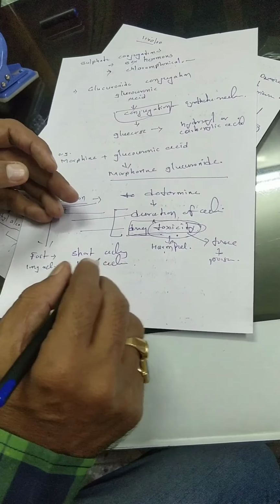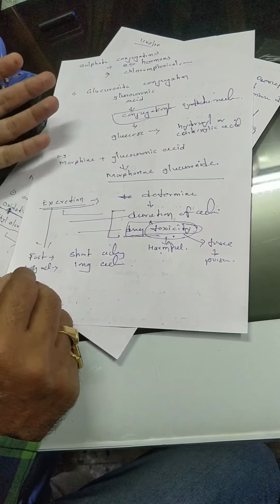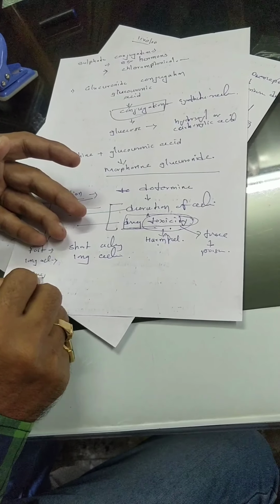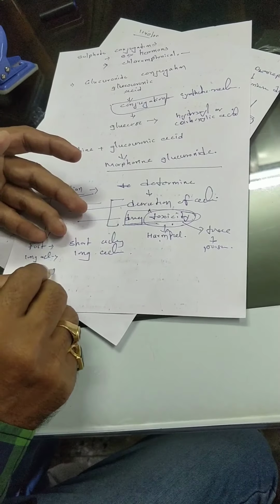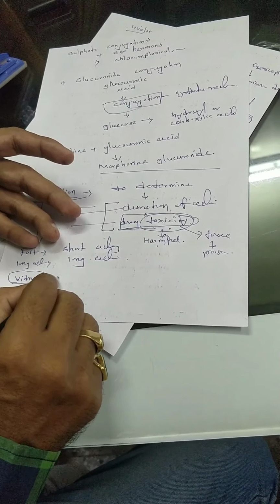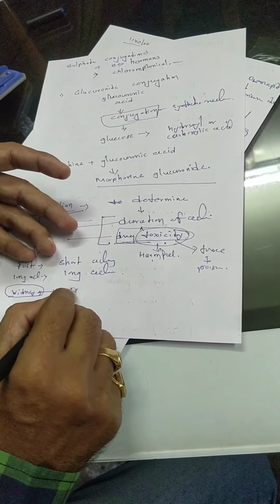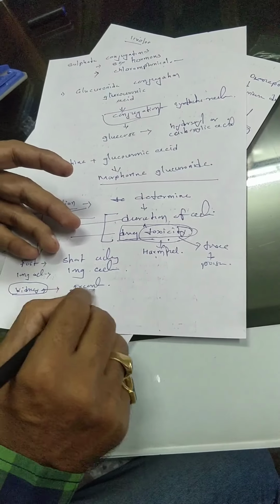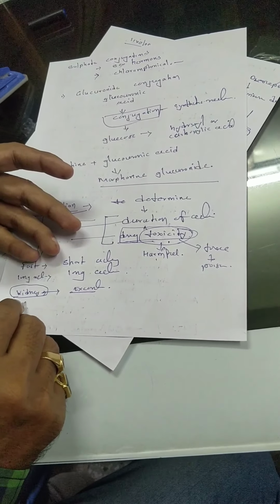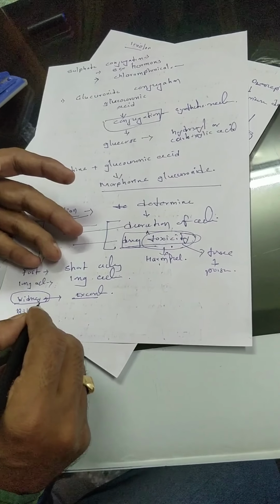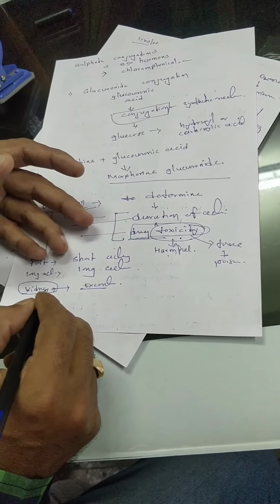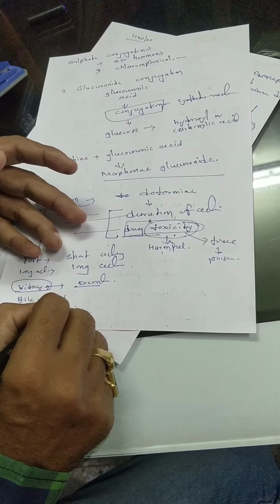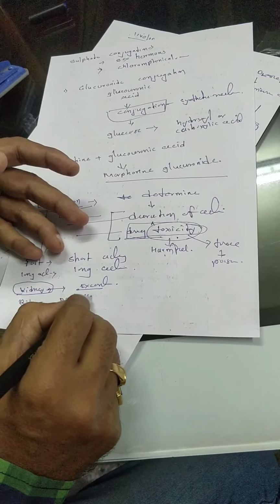Various organs are involved in excretion. Basically, the kidney is the most important vital organ in the body. Maximum excretion takes place through the kidney. Another is the bile duct and bile salt, used for partial excretion.